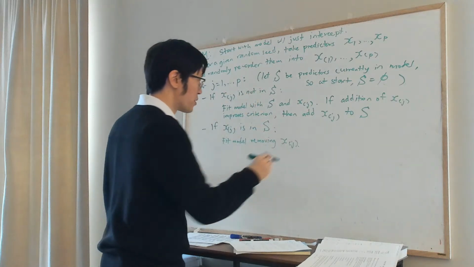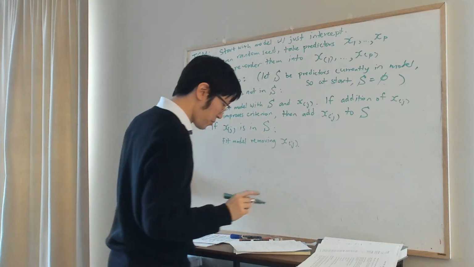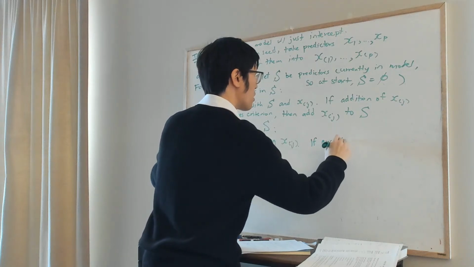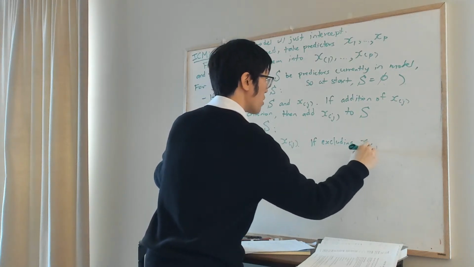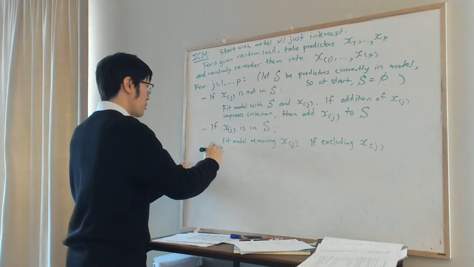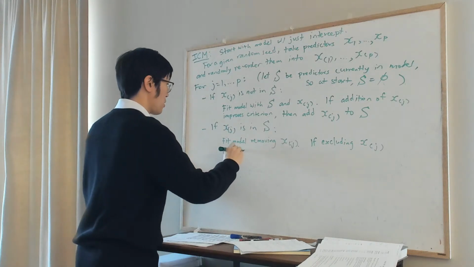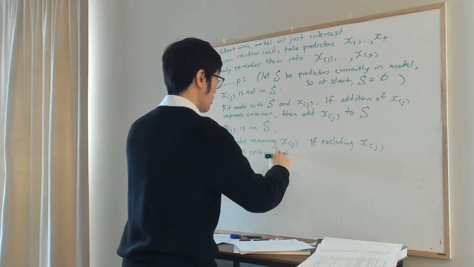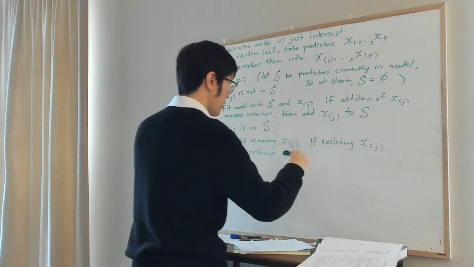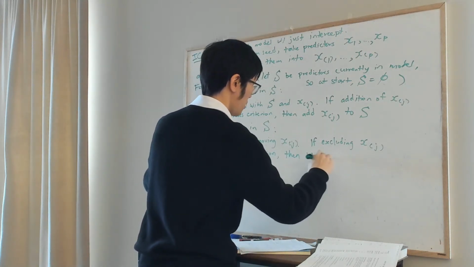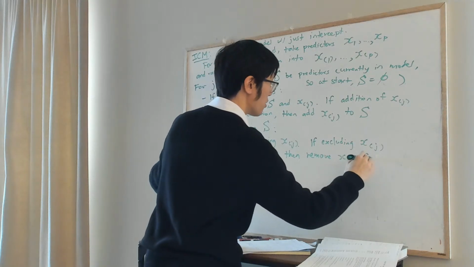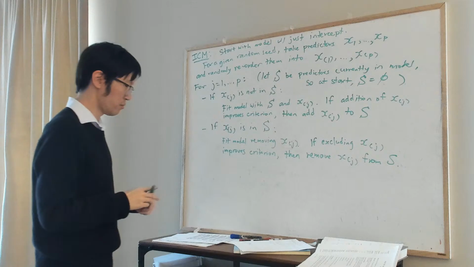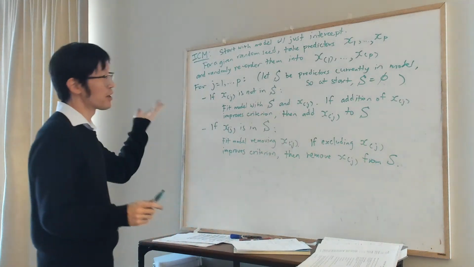And if excluding xj improves the criteria, then remove xj from S. Okay, so that's the basic procedure.